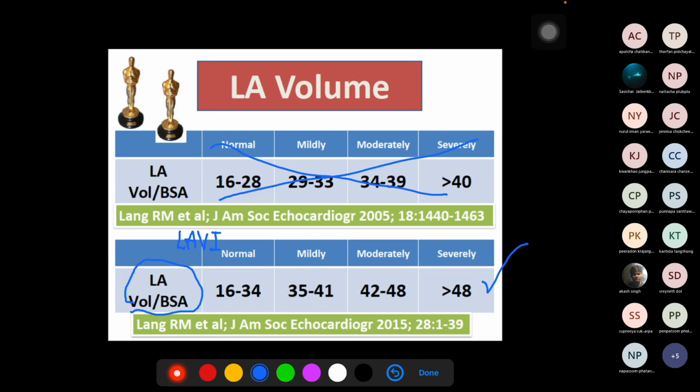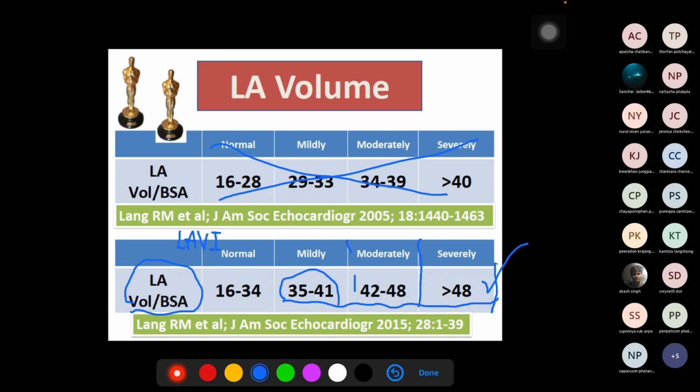Normally it's between 16 and 34. If the number is over 34, it is called enlargement of the LA. It's separated into three categories: mild, moderate, and severe. Mild is between 35 and 41, moderate is 42 to 48, and over 48 is called severely dilated LA.